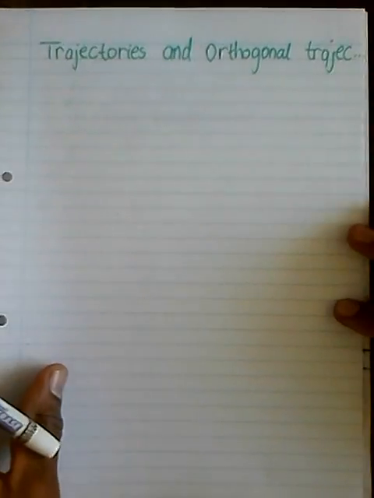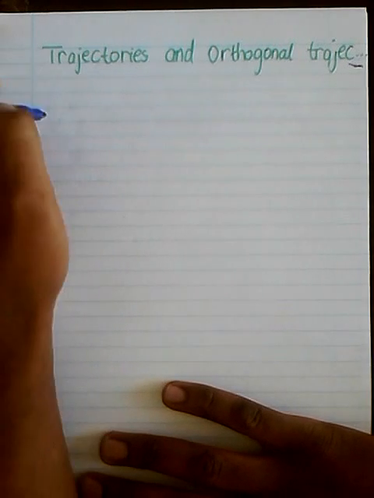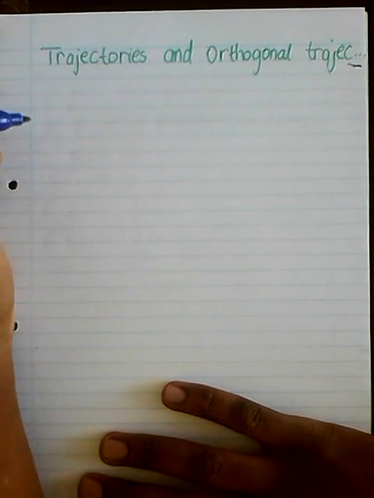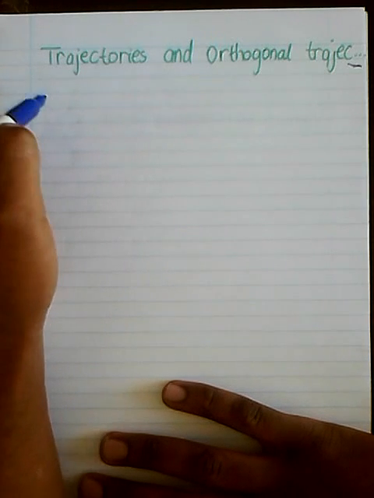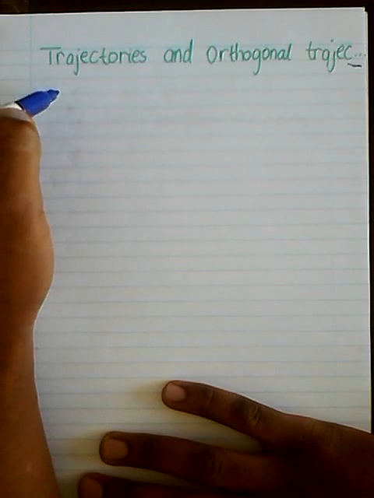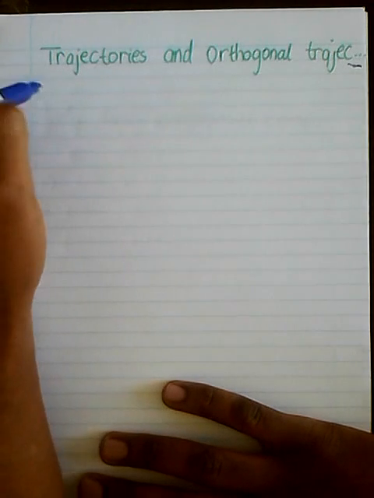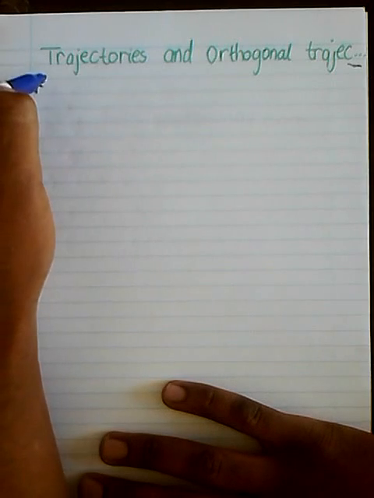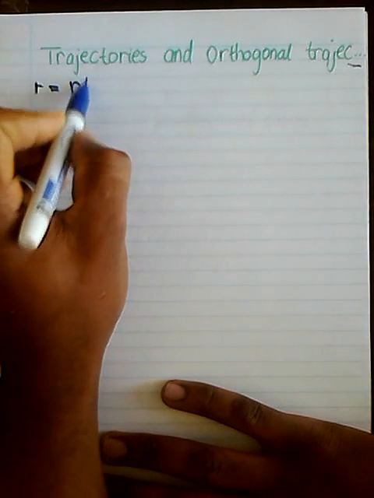In this video, I will be working on trajectories and orthogonal trajectories. Remember that in the previous section, when we had to determine curvature, torsion, and all that is related to those two things, we were given a curve r equals r of t.